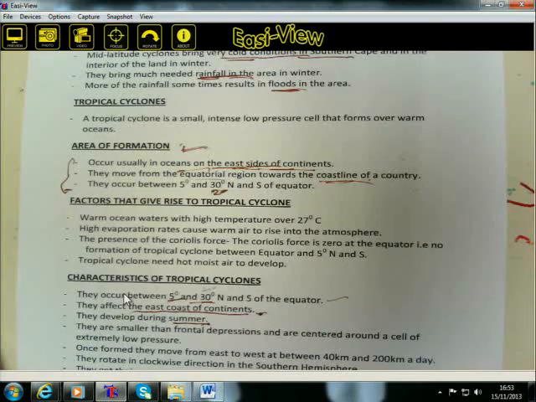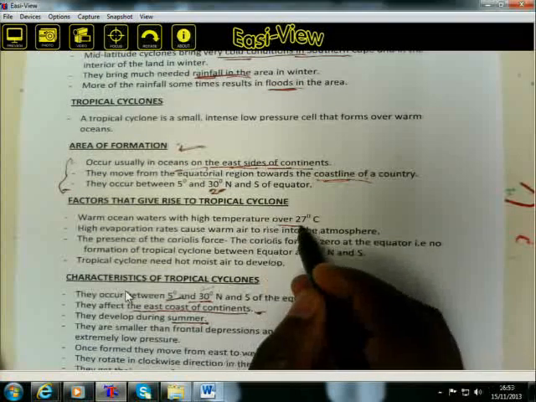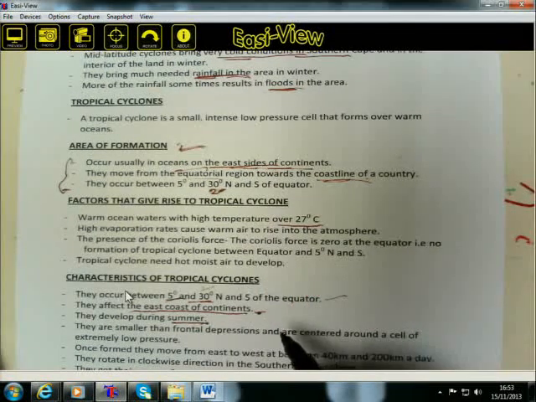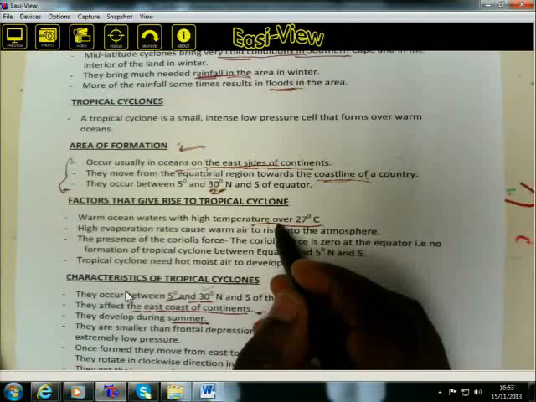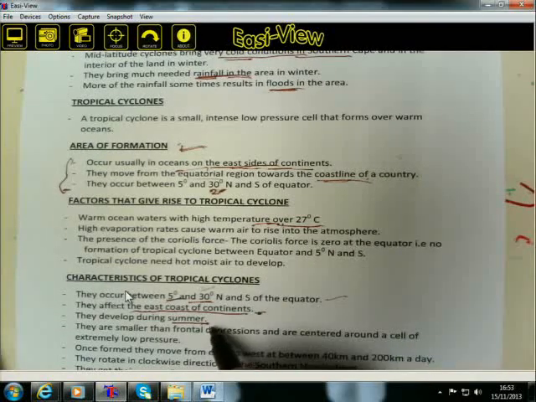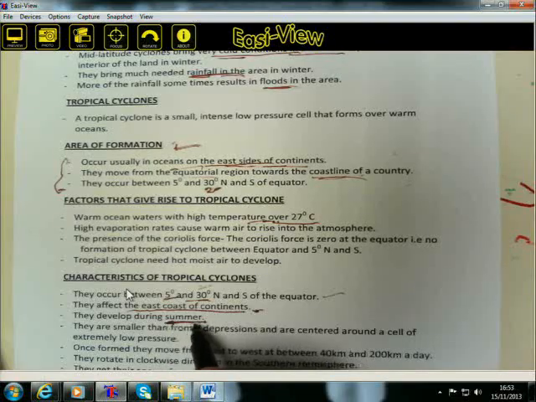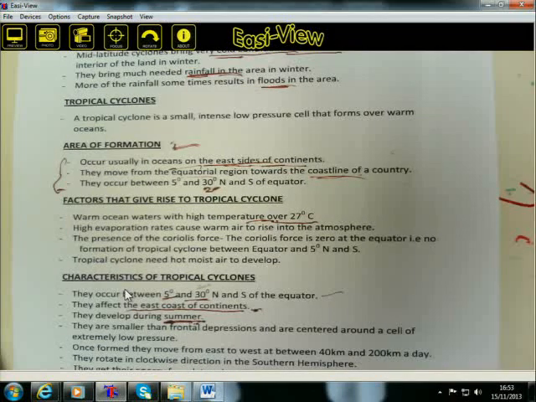The reason is simple. Temperatures. In winter, we are experiencing low temperatures. And we said one factor for the development of the tropical cyclone is that there must be temperatures over 27 degrees Celsius. So in winter, we can't have high temperatures. That is why we say tropical cyclones develop in summer.